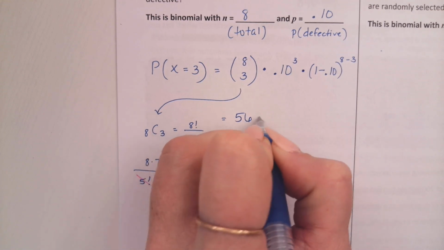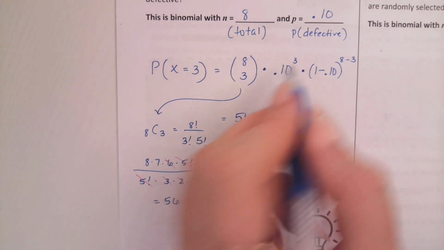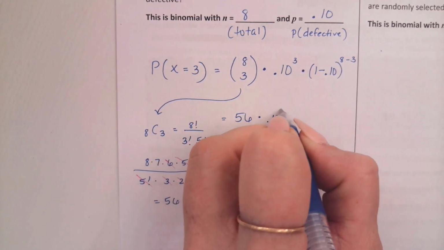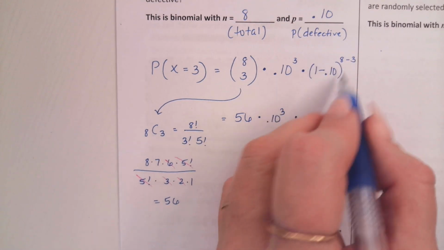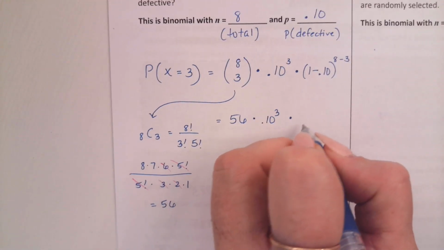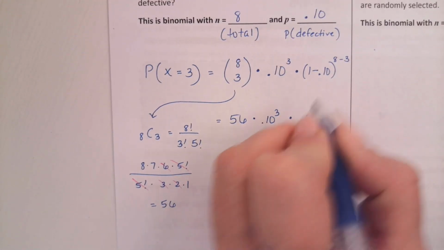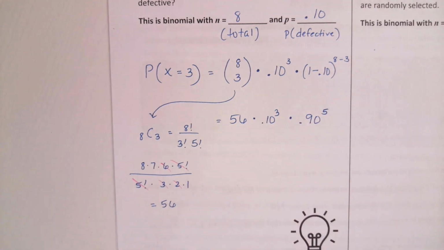So we'll have 56 times 10% to the 3rd power, so 0.10 to the 3rd power, times 1 minus 10%, which would be 90%. 90% is the probability of them not being defective. Thank God. To the 5th power for this one, 8 minus 3.